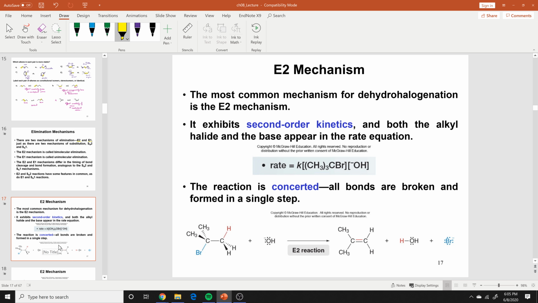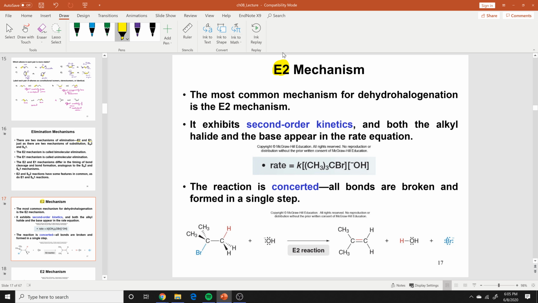So for the E2, as the name suggests, it's a second order reaction. It happens very fast and normally it happens in a one-step reaction. This is why we call it a concerted reaction. There is no intermediate in there, so the rate depends on the concentration of the reactants.